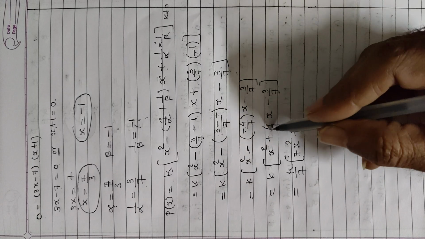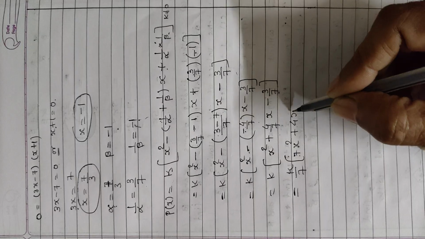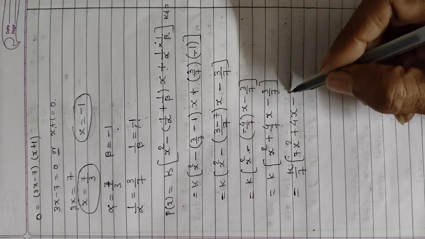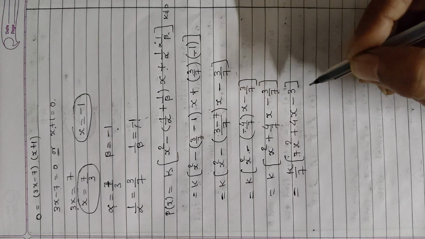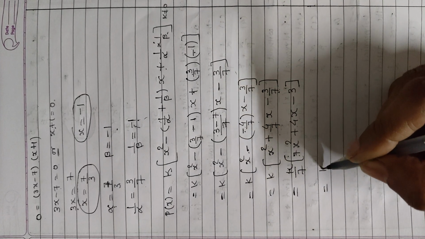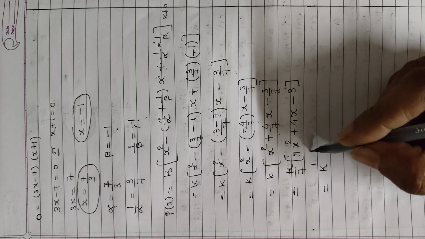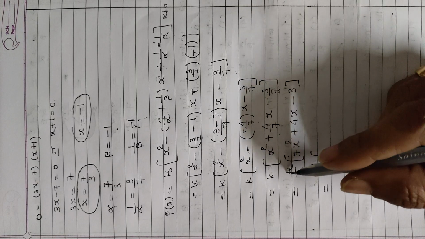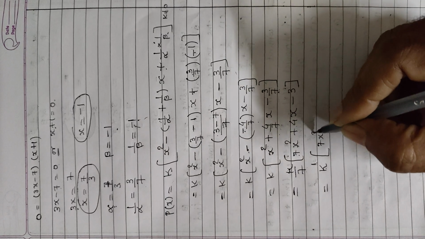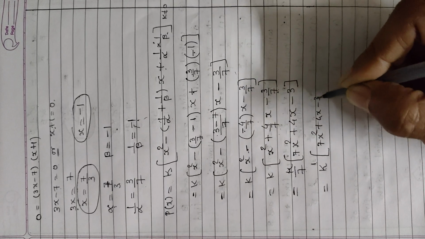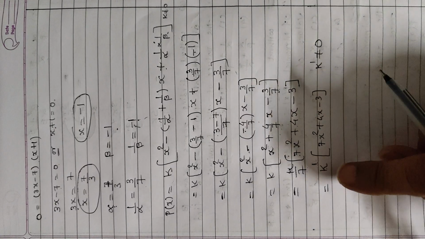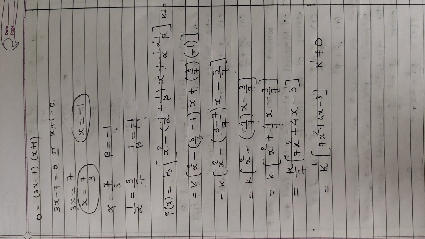Here 7 is given, that means I can't multiply anything with 4x, and 3 is written as it is. Now k upon 7 should be replaced by k dash, where k dash is equal to k upon 7. So 7x square plus 4x minus 3, where k dash is not equal to 0. So this is your answer.